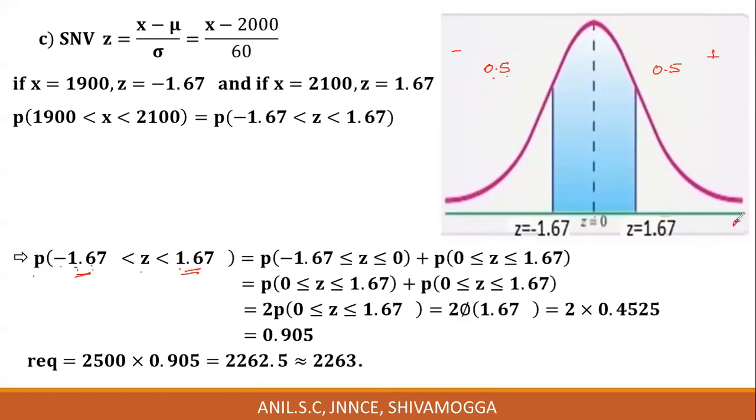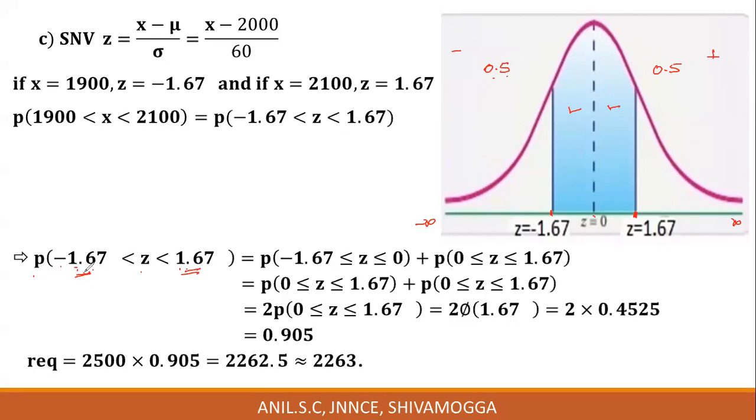This goes up to plus infinity and this goes up to minus infinity. Minus 1.67 comes somewhere here, and Z equal to 1.67 will come somewhere here on the right hand side of this straight line. And this area is the same as this area.